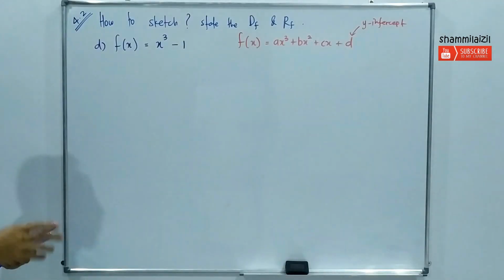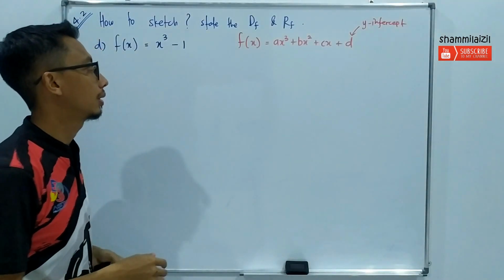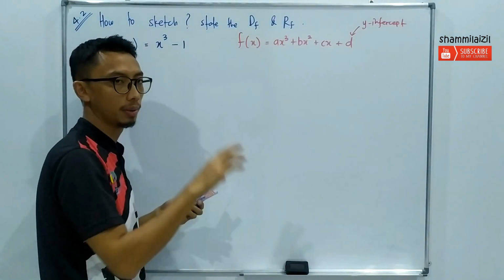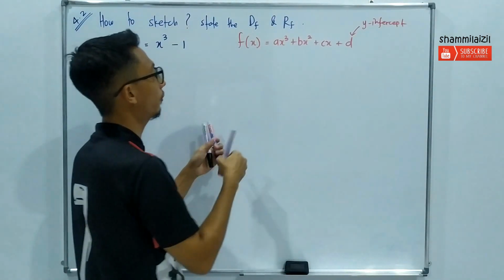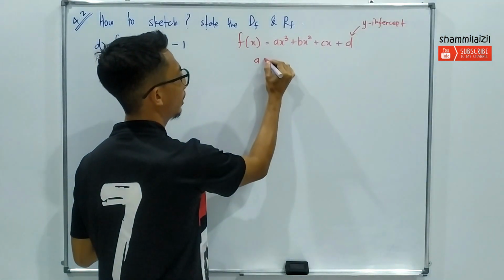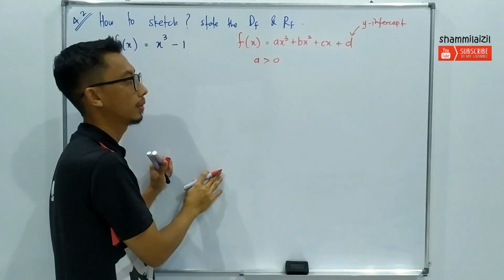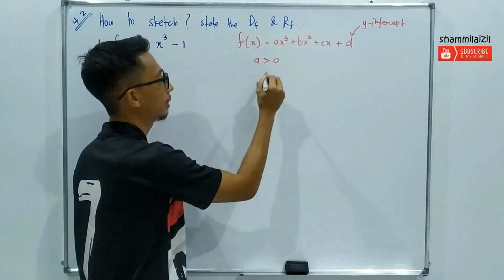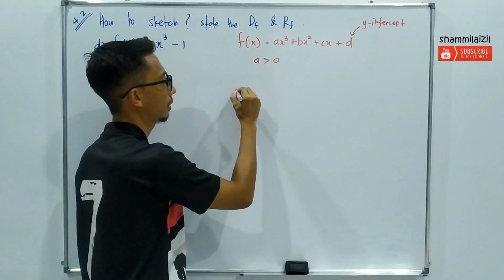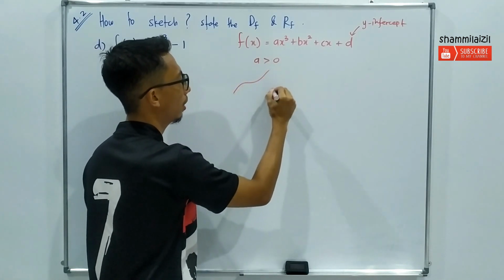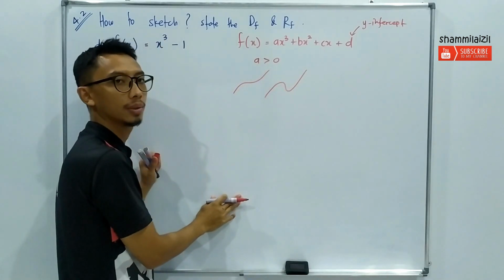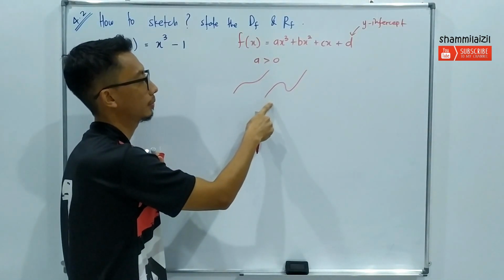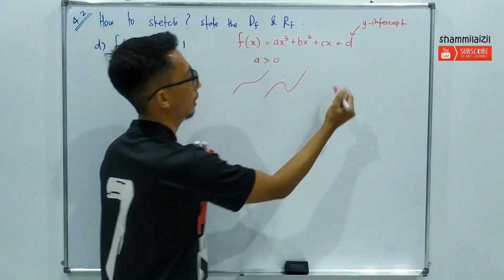Alright guys, almost similar to the quadratic case. What we need to know is that a represents the basic shape of the graph. If a is positive, if a is greater than 0, it means that the graph is either going to be this one or this one. We have 2 options for a positive graph. Okay, I will tell you the difference later.